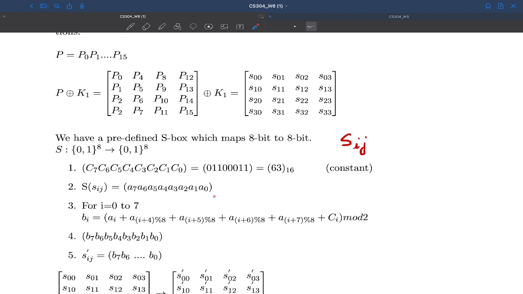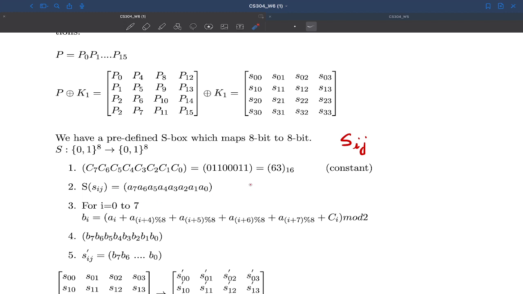S stands for substitution. So S box tells us do not keep this entry, just give it to me, and I will give you a new entry which should be placed here instead of that. So instead of Sij, I will get another 8-bit number which I will place in the matrix.